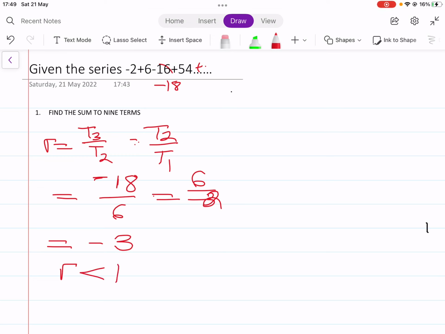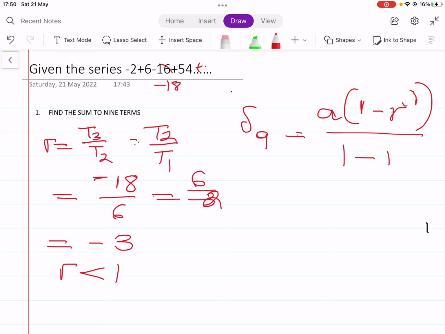Therefore, the formula that we're going to use is the sum of the first 9 terms equals a(1 - r^n) over 1 - r. Sorry for the typo.